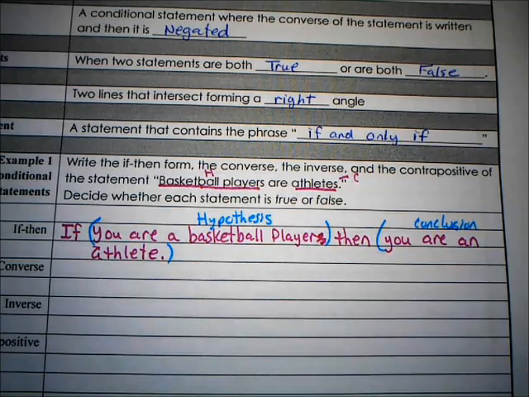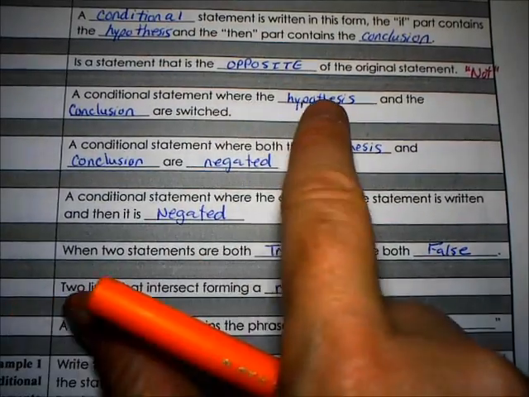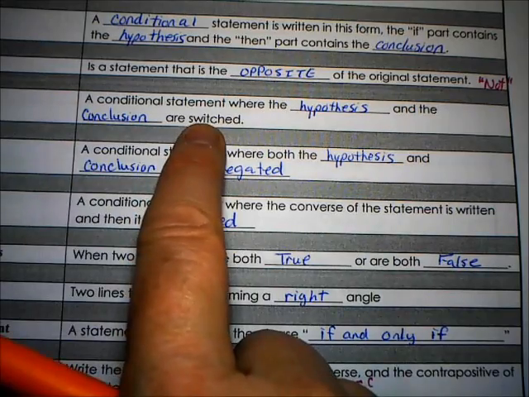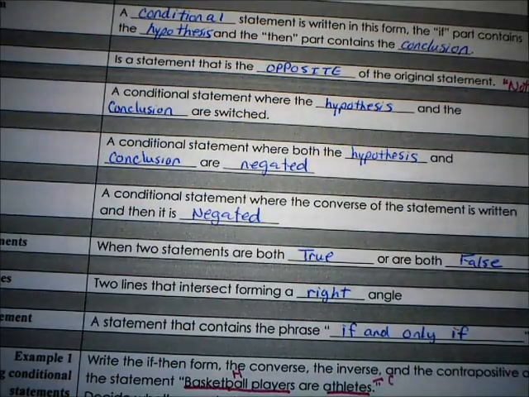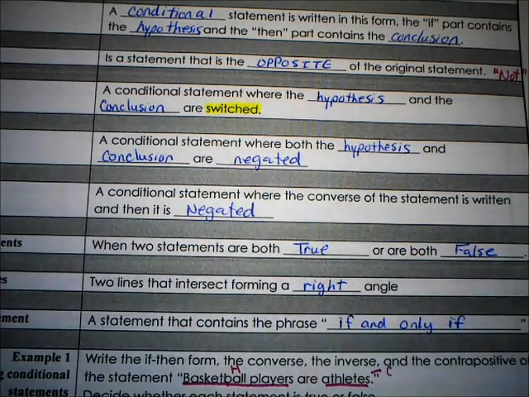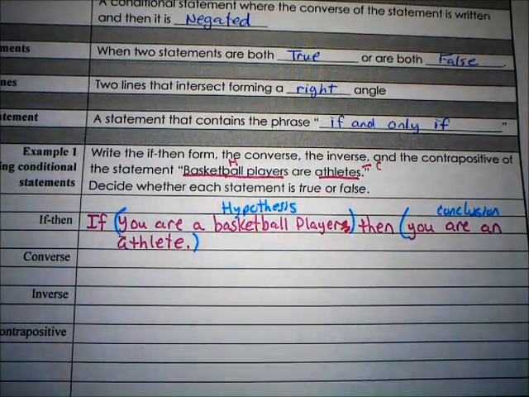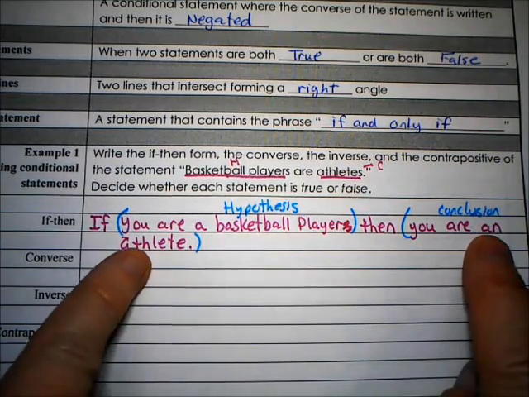Okay. The converse statement tells me up here that I'm going to take the hypothesis and the conclusion and I want to switch it. Okay, that's a very important word. It's going to switch. So if I look at my statement, my conclusion was you are an athlete.